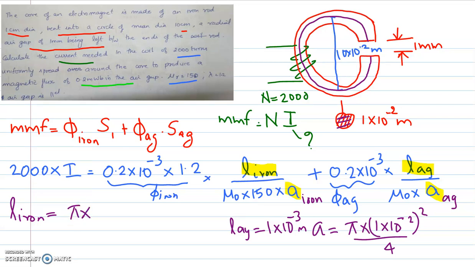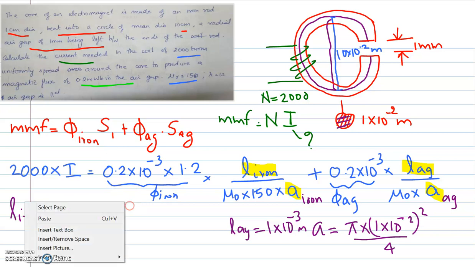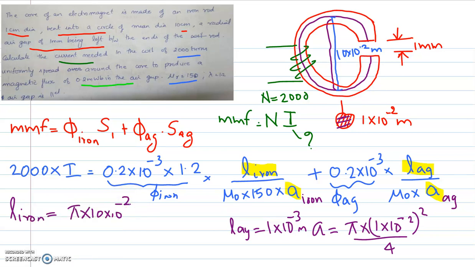D is nothing but this 10 centimeter. So 10 centimeter is the mean diameter of the electromagnet which is bent into the form of a circle. So pi into d, so it is pi into 10 to the power of minus 2. In that we have taken a 1 mm air gap, so minus 1 into 10 to the power of minus 3. So this will be the length of the iron path.